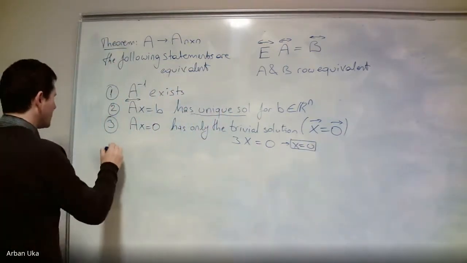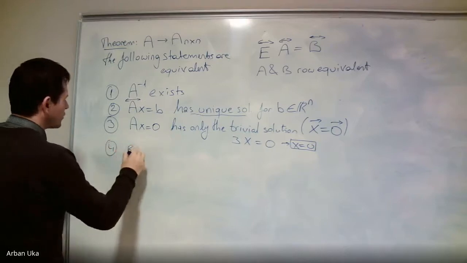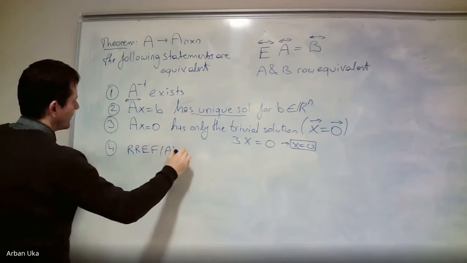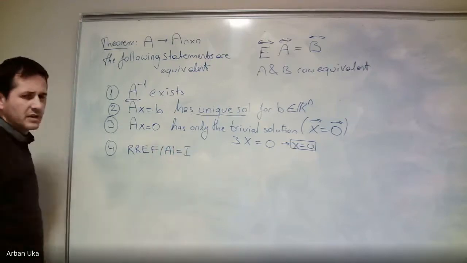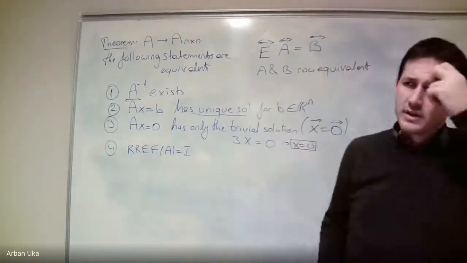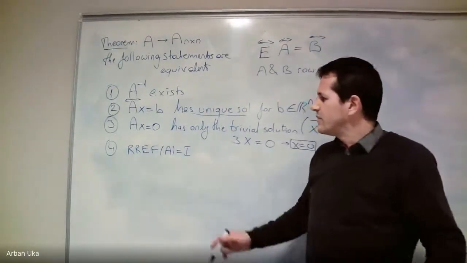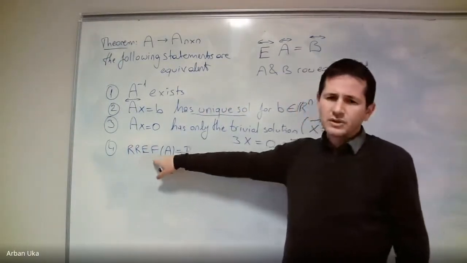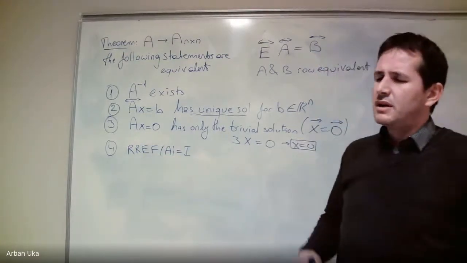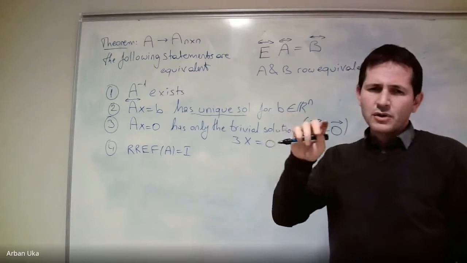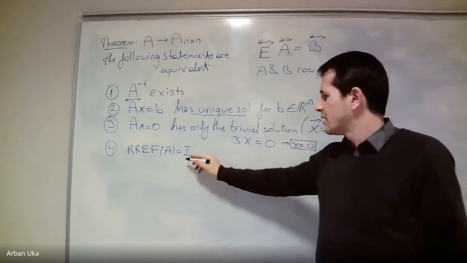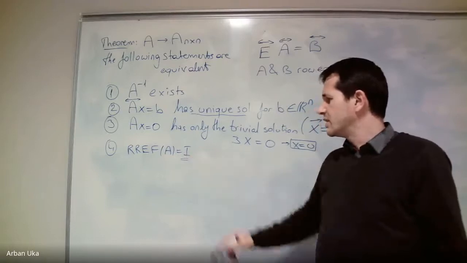The fourth statement is the following. The reduced row echelon form of matrix A is equal to the identity matrix. So these statements are equivalent, which means that if you have a matrix A and you are trying to determine the reduced row echelon form, and in the end you make the leading elements all ones and the rest are all zeros, that means this is an identity matrix.